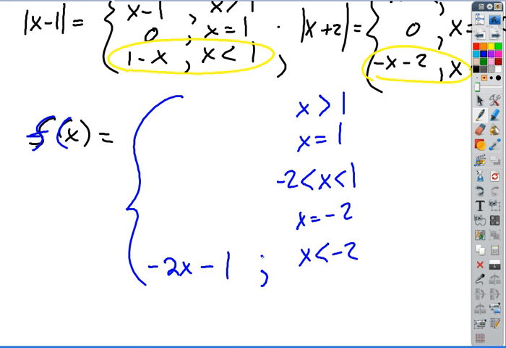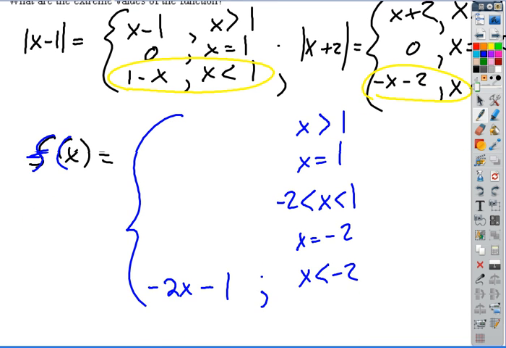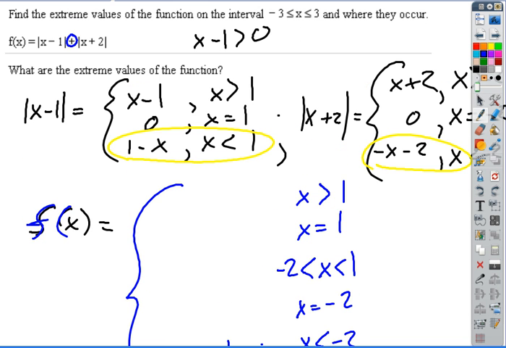No, I'm adding. I'm adding these two piecewise functions up, right? So when x is less than -2, that puts me here in this part of this piecewise function and here on this one. Now when x equals -2, that puts me here and here. Right? Make sense? So I'm going to get 1 minus x.